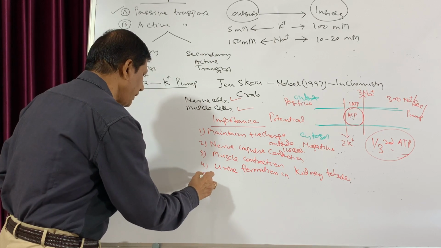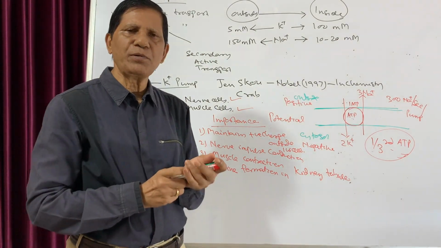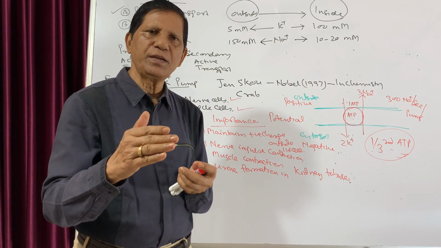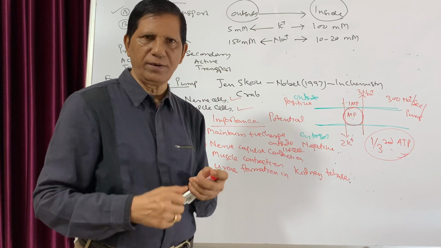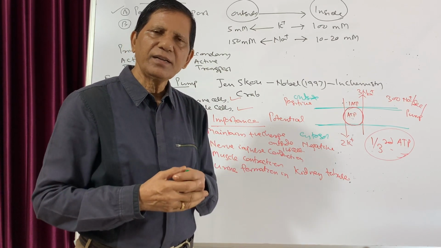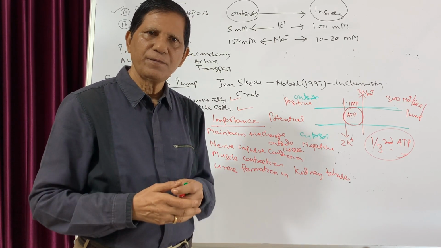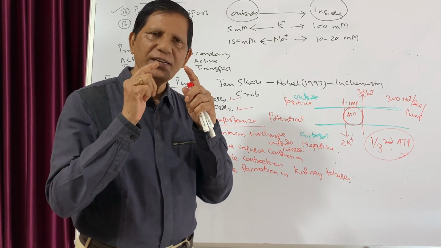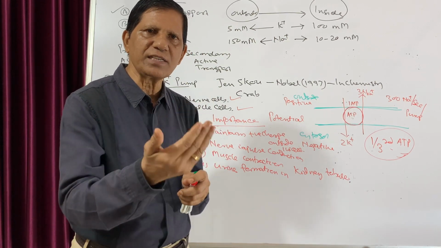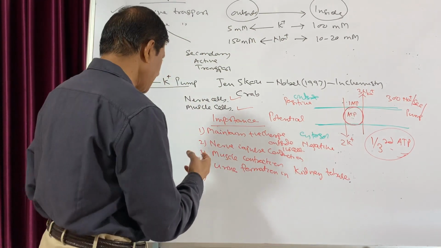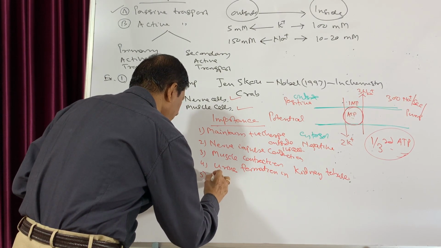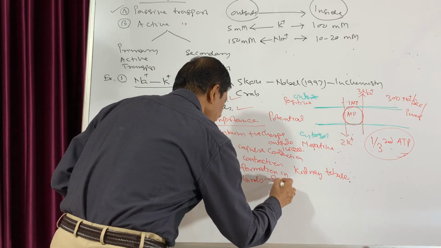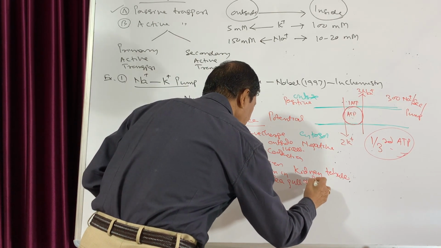Then another important point is, in the case of aquatic animals, or marine birds like seagulls and penguins, they drink marine water which is salty. That is why they have nasal glands through which they remove the excess amount of salt. So the next example is marine birds, such as seagulls and penguins.